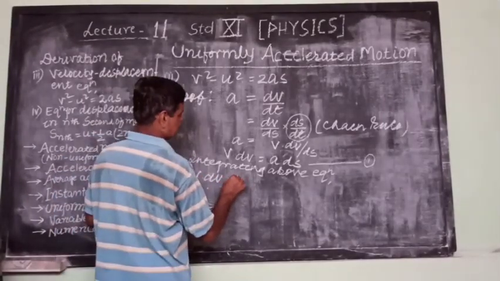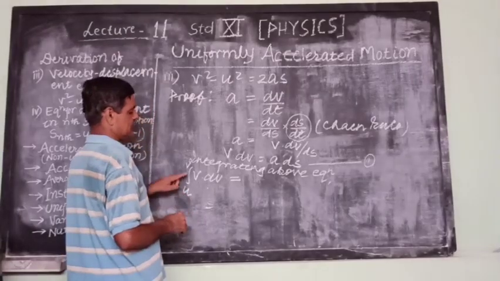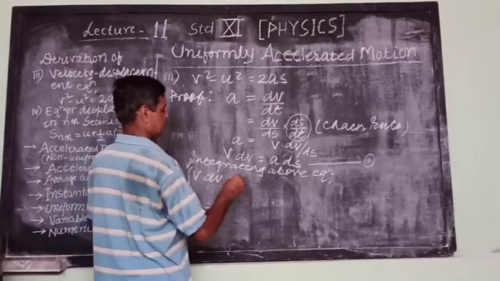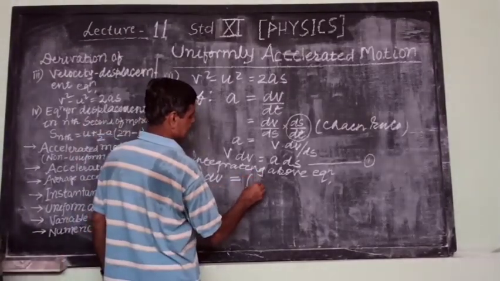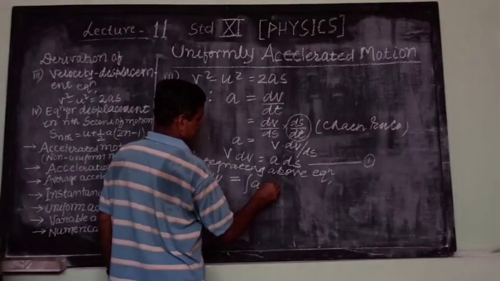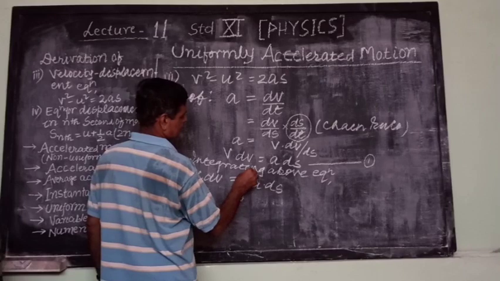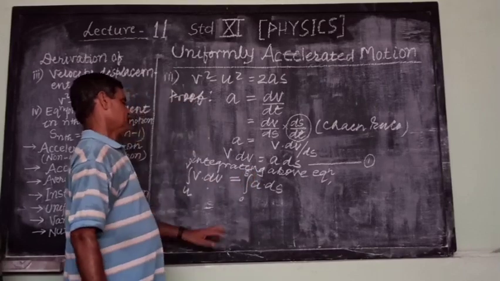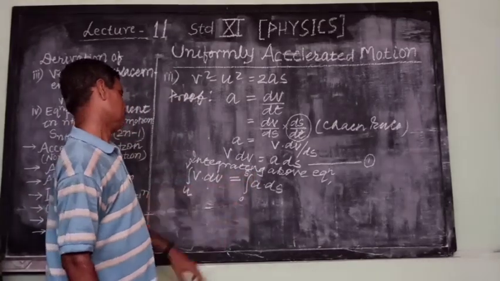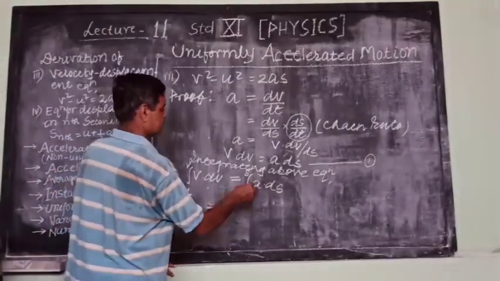Means the body is moving with initial velocity u, and after some time it reaches v. This is your ds, from 0 to s. It is our duty.